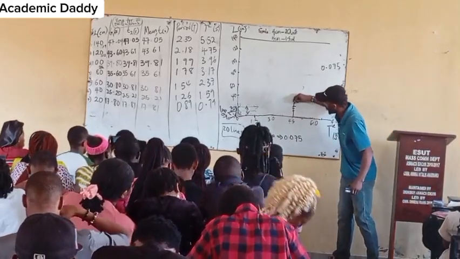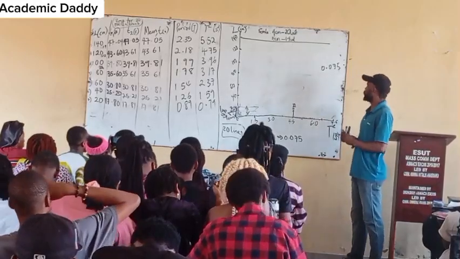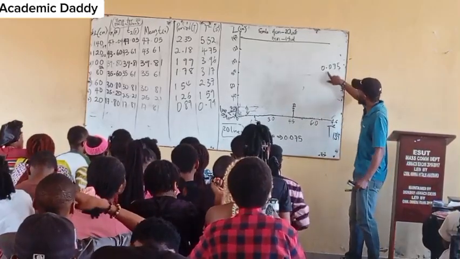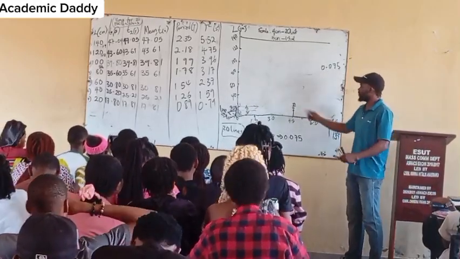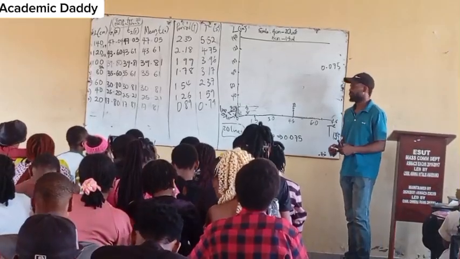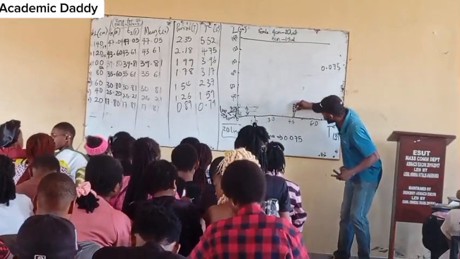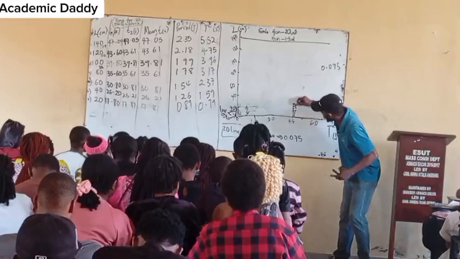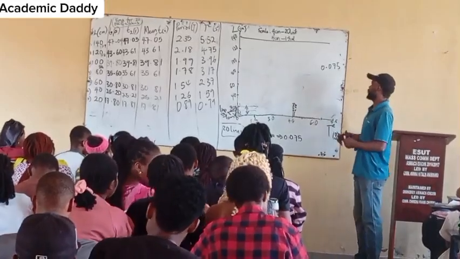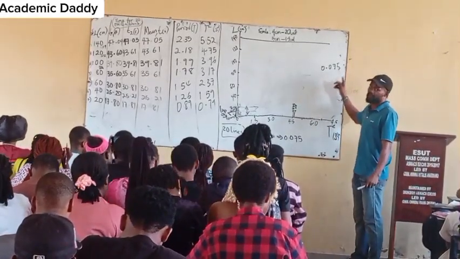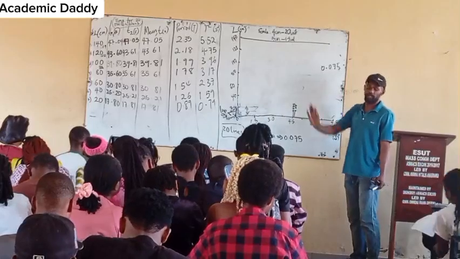Now add 0.075 to that 4.575. So this one is 4.65. Now add 0.075. If you are paying attention, you must be following.